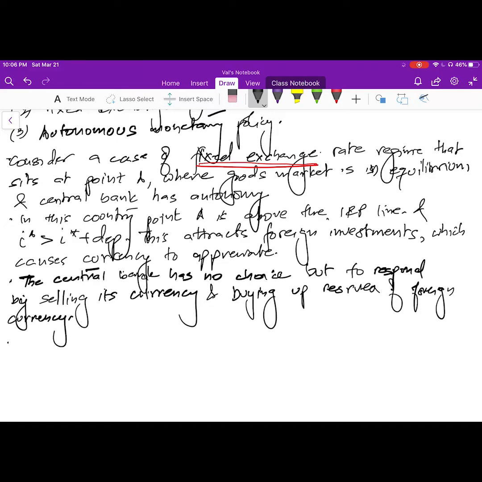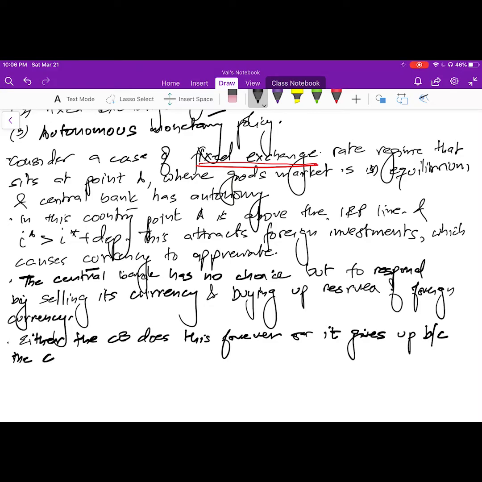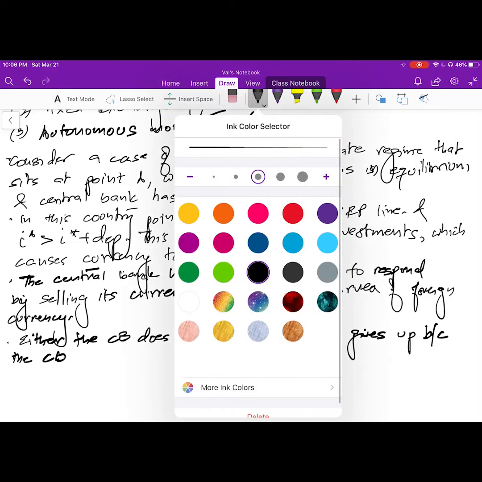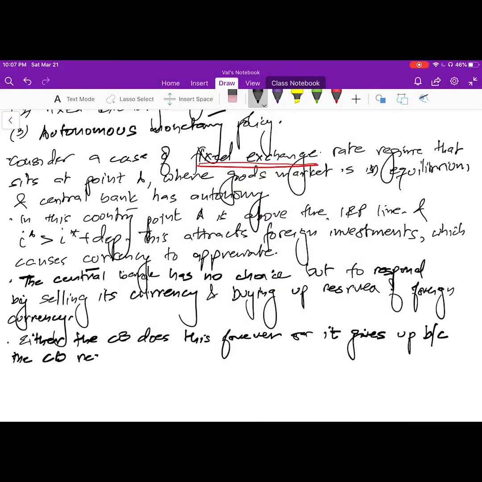So either the central bank does this forever, or it gives up, because the central bank response is not really addressing the higher interest rate.